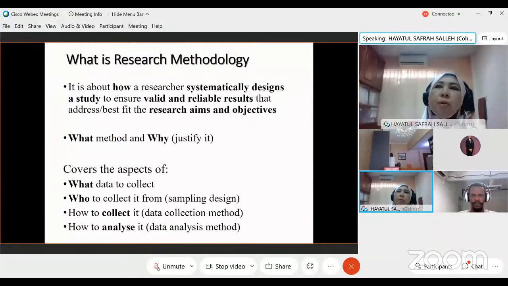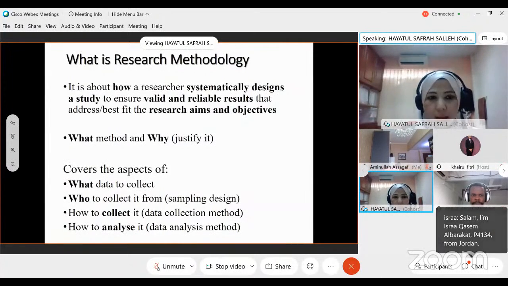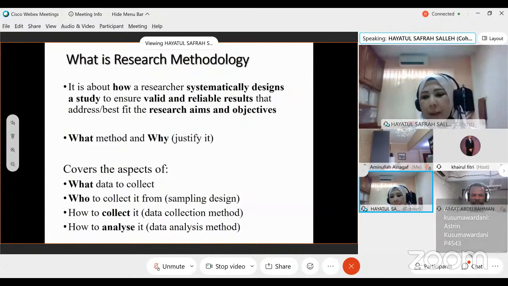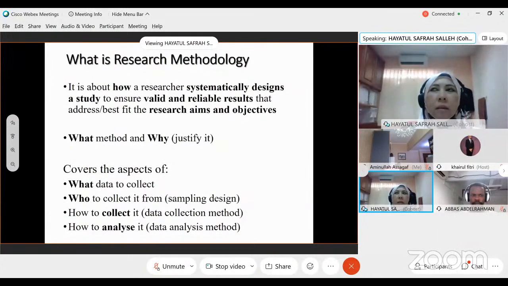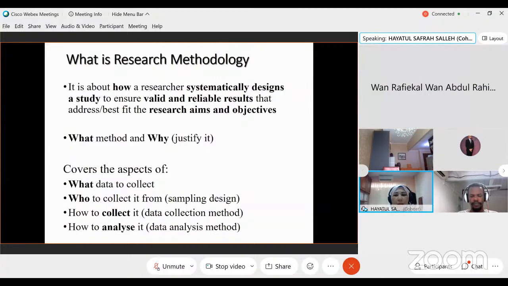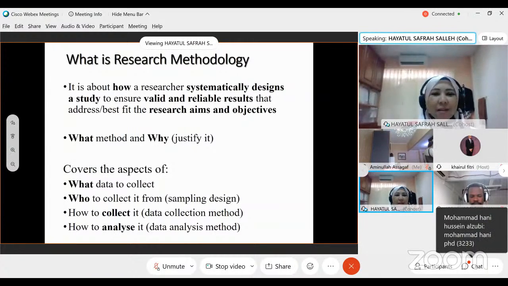Also, in your thesis, you have to justify which method you are using, or going to use, and why you use that method. This is the famous question that examiners love to ask students during the Viva: why did you use this method?